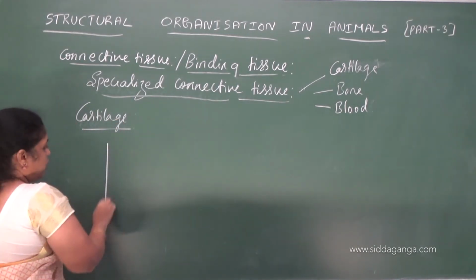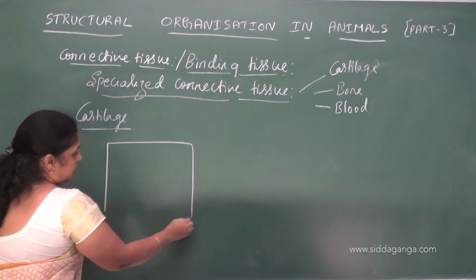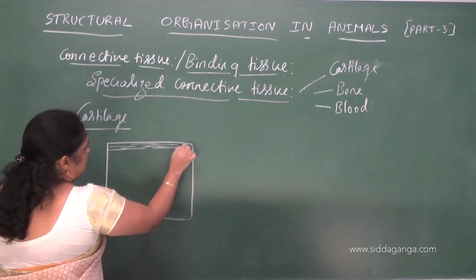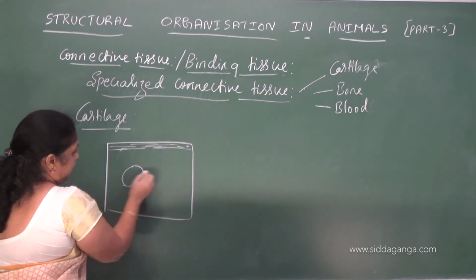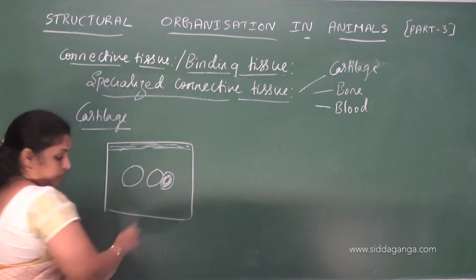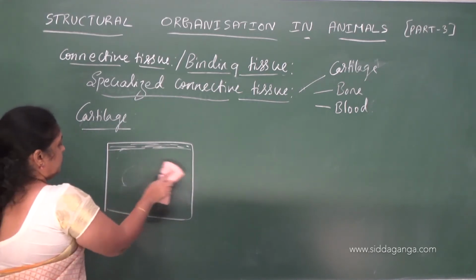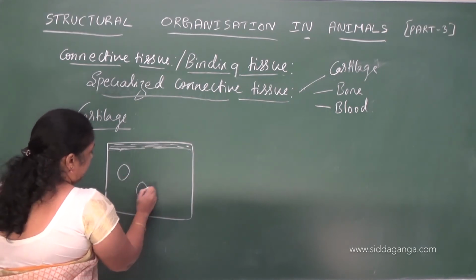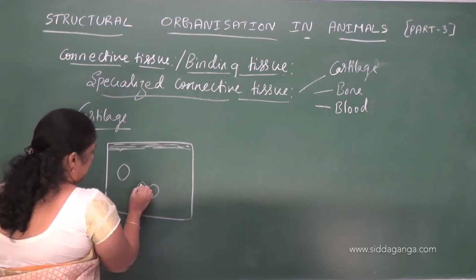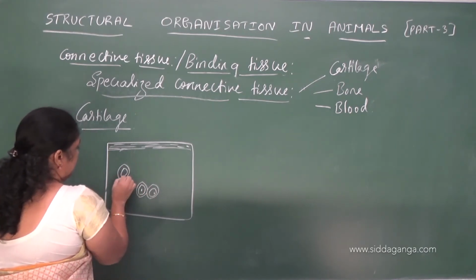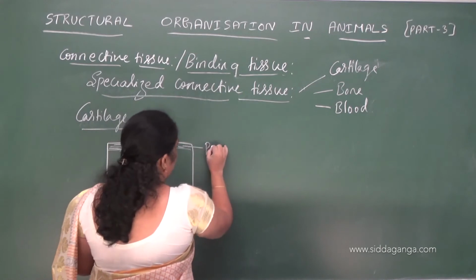Under cartilage, this is the perichondrium.